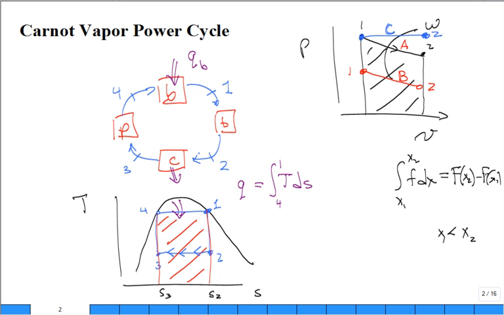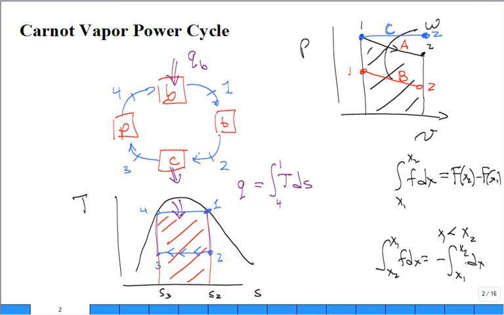Does that resonate with anybody? Like, oh, I kind of remember that notation in calculus. Well, what would it mean to actually integrate not from x1 to x2, but x2 to x1 of f dx? Can you tell that that's just going to be the negative of the integral from x1 to x2 of f dx?